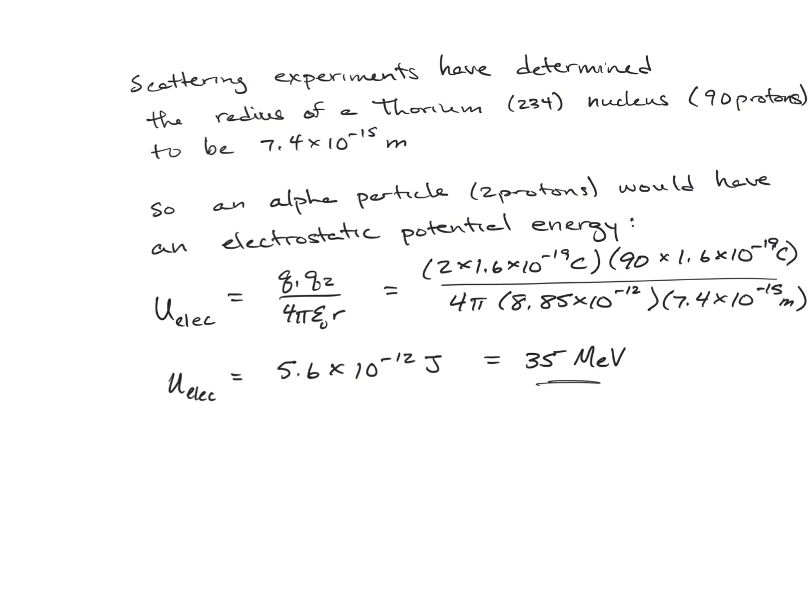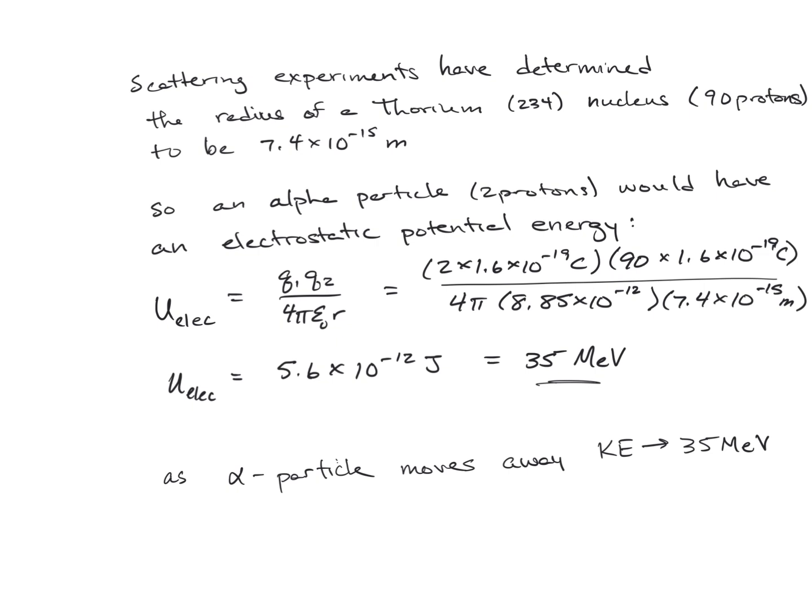As that alpha particle gets very far away, it is going to have a kinetic energy that should approach 35 mega electron volts. According to conservation of energy, the sum of kinetic and potential energy is the same no matter where we are.